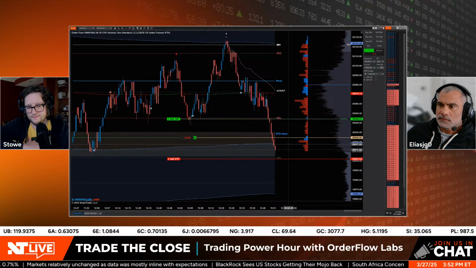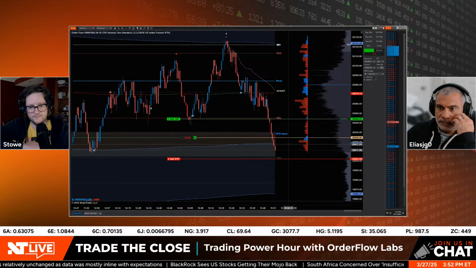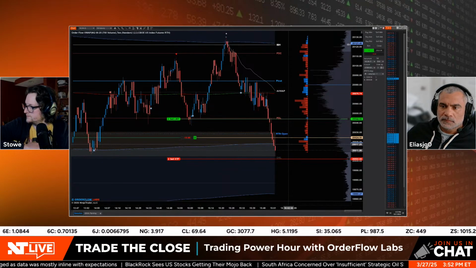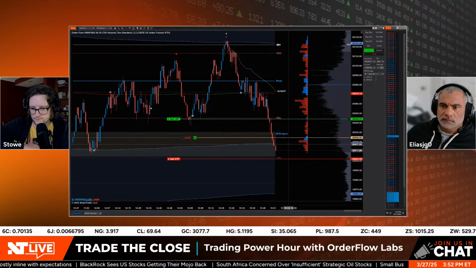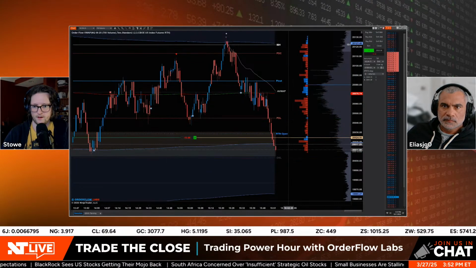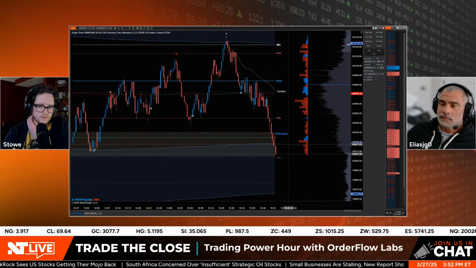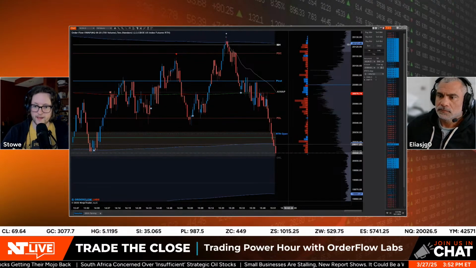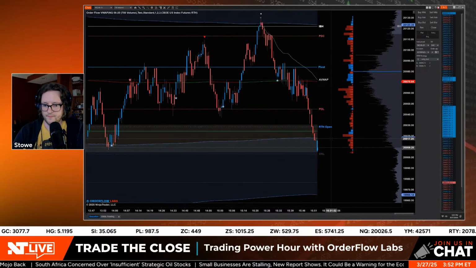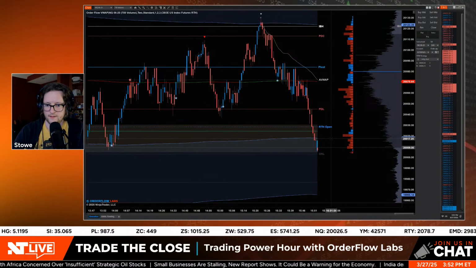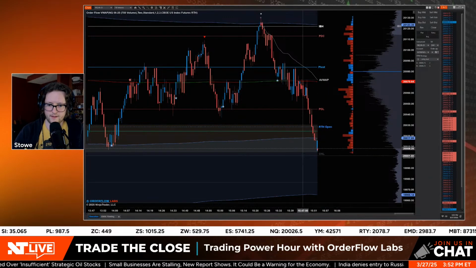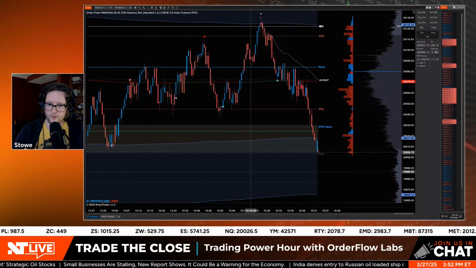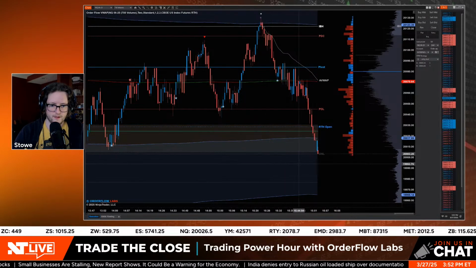Not great. All right, scratch. I will get out of a trade if it feels like garbage like that. We got sucked down into this lower VWAP band. There's a bunch of overnight low stops that could get run here.